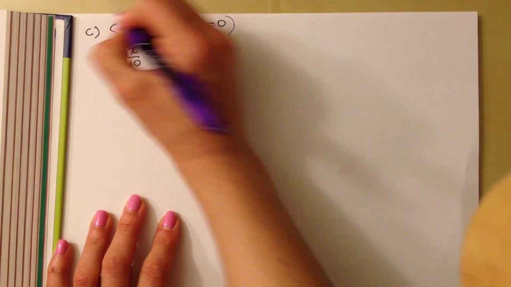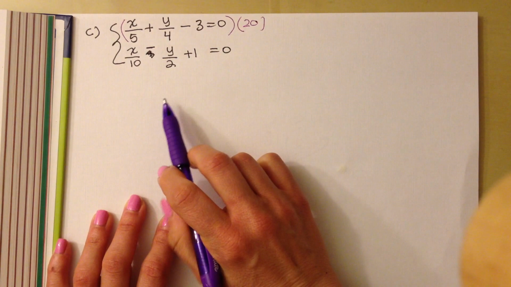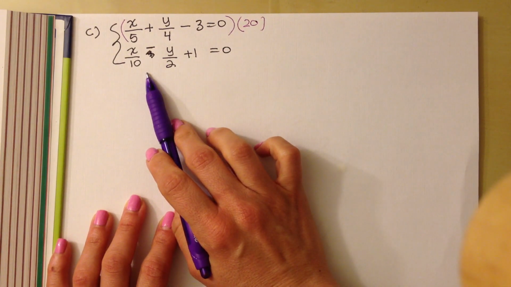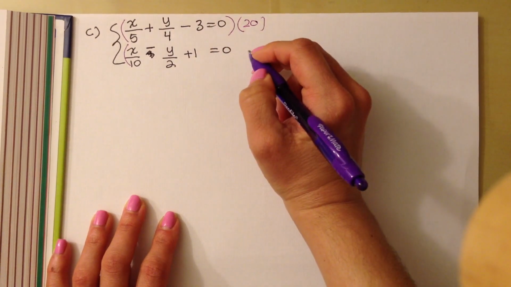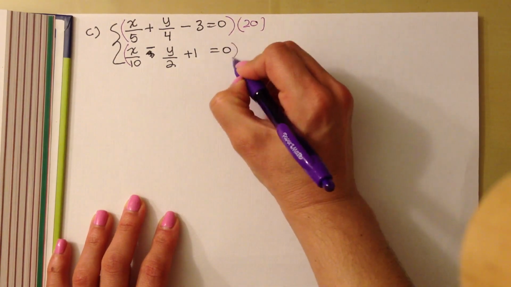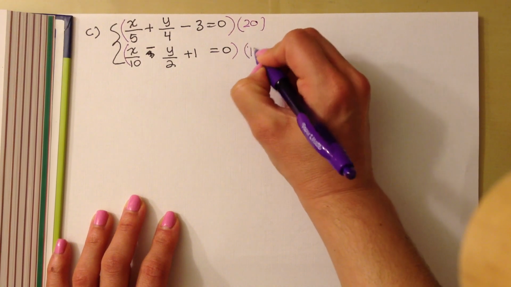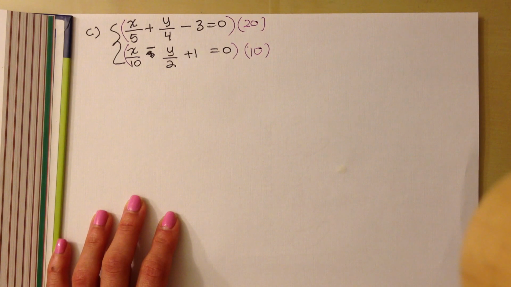Multiply everything by 20. And if you look at the second equation, the LCD comes out to be 10. You can use 20 here, but 10 is a smaller number, so let's use 10.